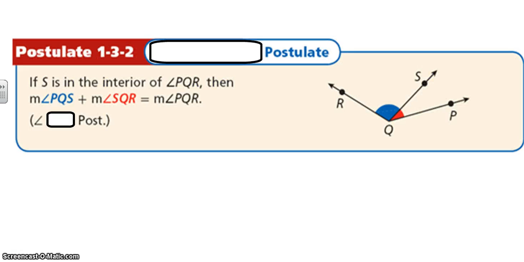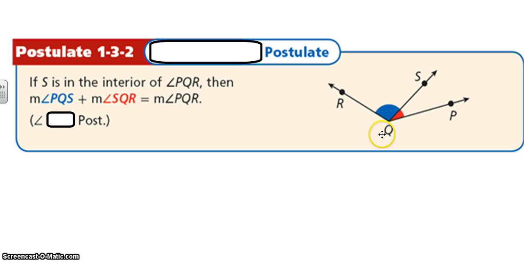Straight angle. Let's look at postulate 1, chapter 1, section 3, the second postulate. If S is in the interior of angle PQR, so that point is interior of PQR, and we have this ray QS coming through, starting at Q and coming through S, then the measure of PQS, shown here in red, plus the measure of SQR, the blue angle, equals the measure of angle PQR.